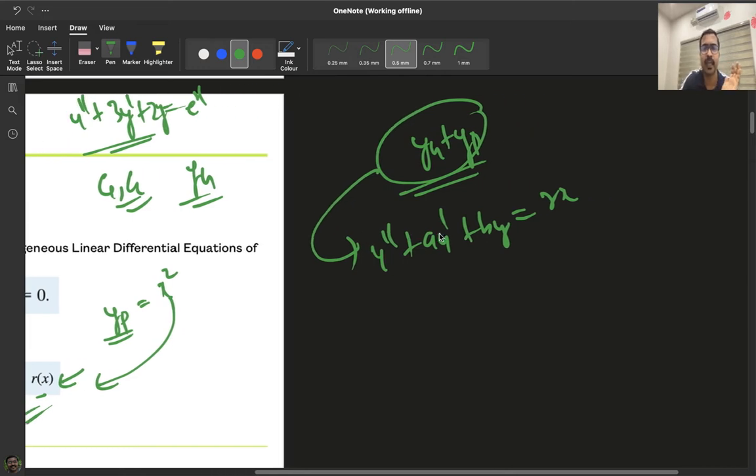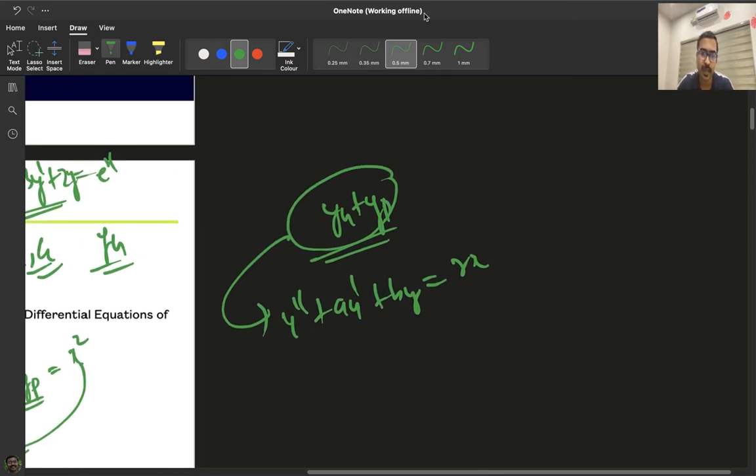Before that, be careful: yp is a particular solution of this equation itself, and yh is the solution of the corresponding homogeneous equation. Remember that.